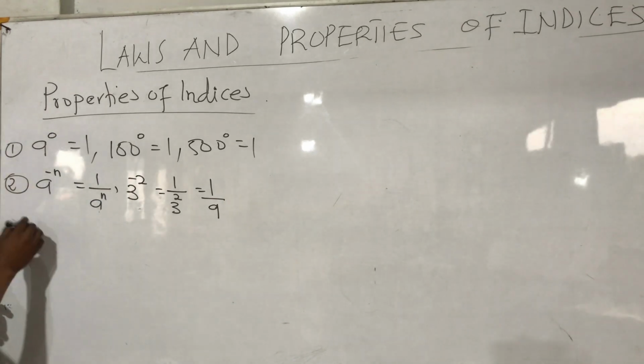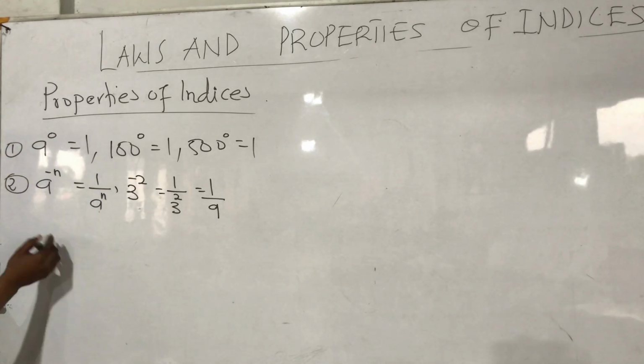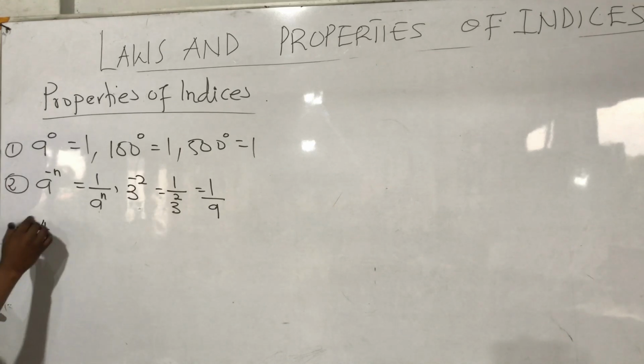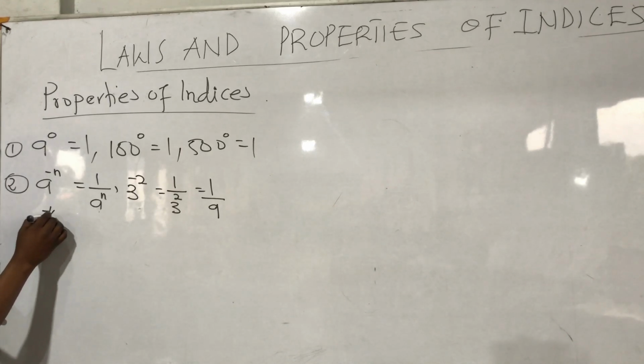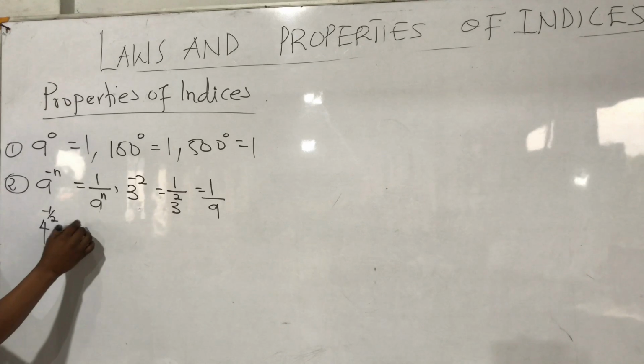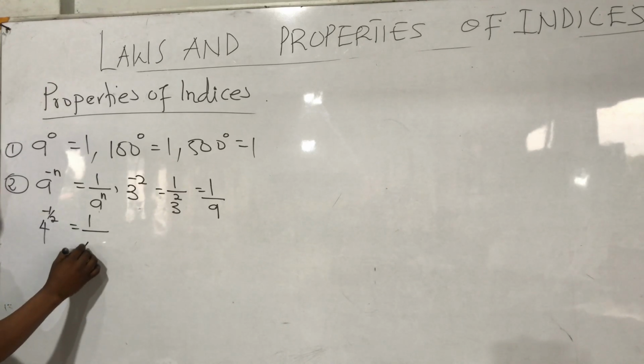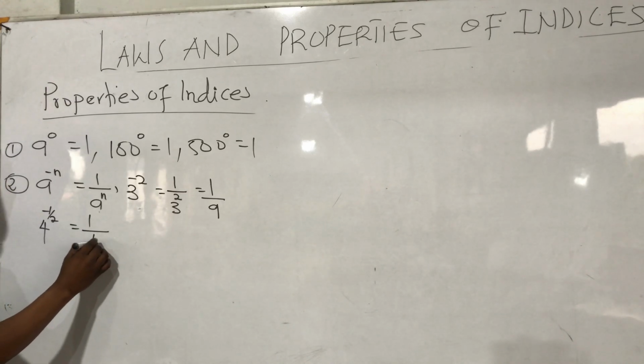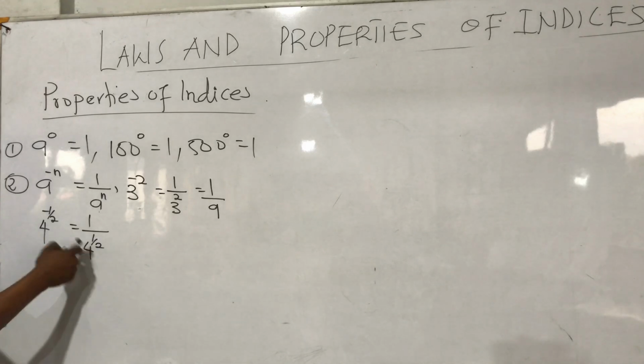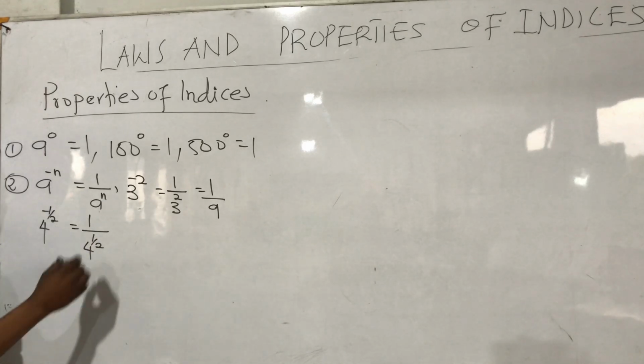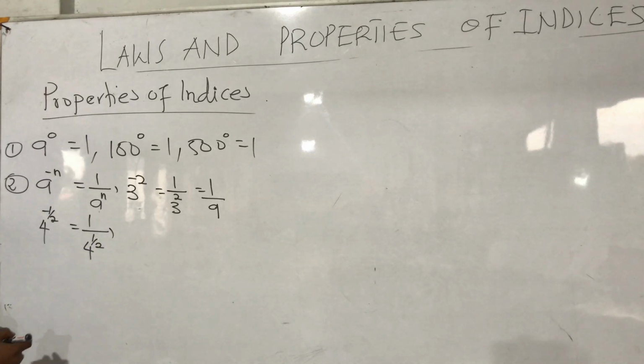All right. Let's say I have 4 raised to the power minus half. It is the same as 1 over 4 raised to the power half, which we can further simplify. But as we move ahead, we'll see how we can simplify them.